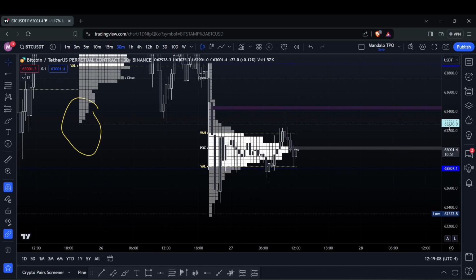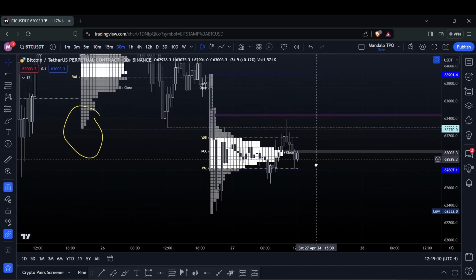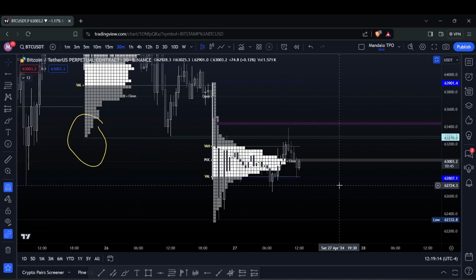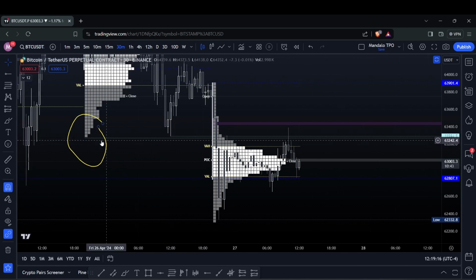So that's more of a market structure thing than TPO, but it is interesting to be able to identify these areas using the TPO profiles.